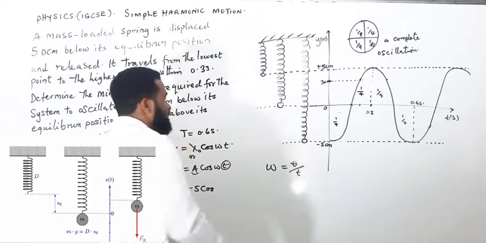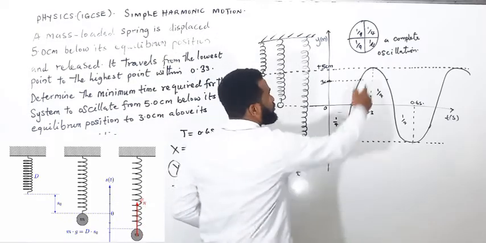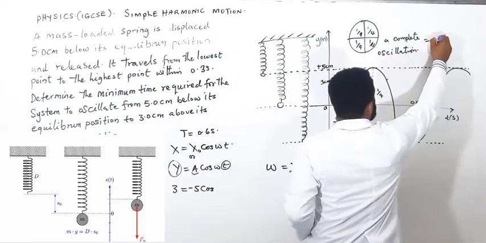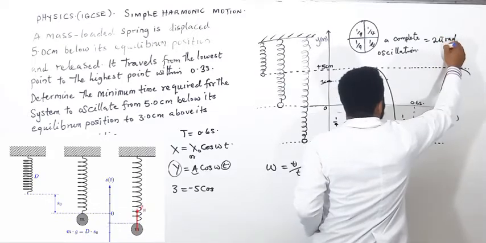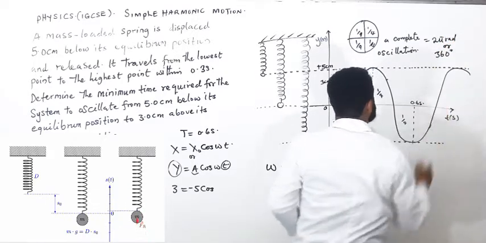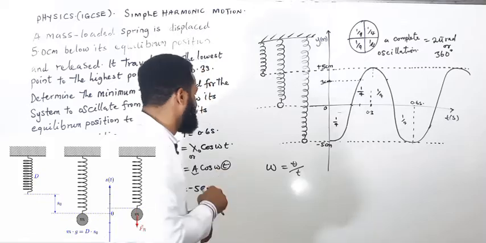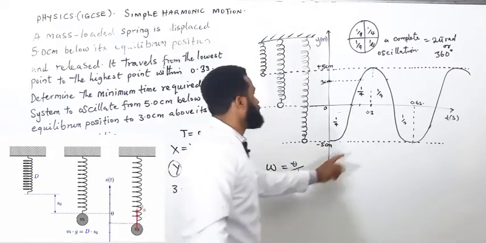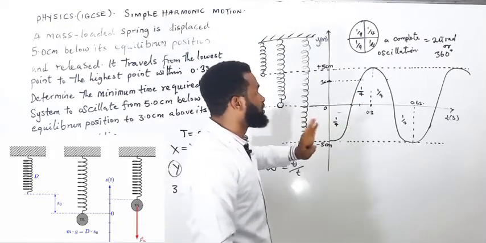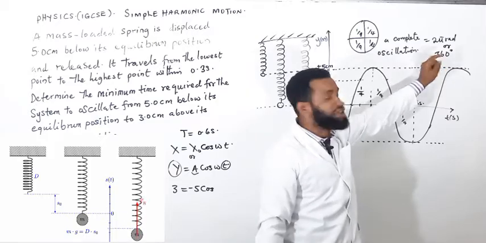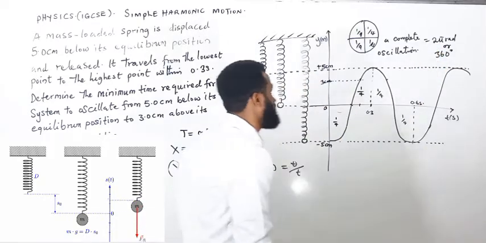Now, what do we see? Since this is a complete oscillation, one complete oscillation is given as 2 pi radians, or 360 degrees. That is a full circle. However, in physics, we don't usually use degrees. We use 2 pi radians.